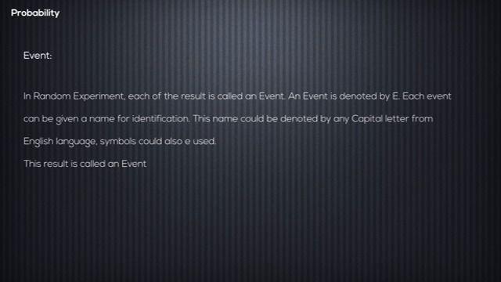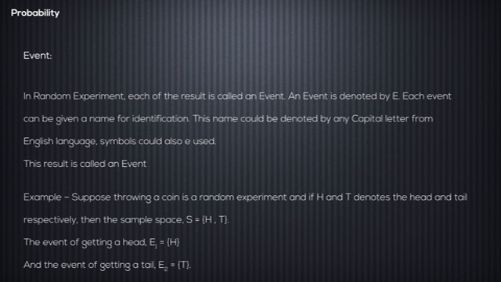It is denoted by the letter E or by any English alphabet letter like A, B, C, etc. Suppose throwing a coin is a random experiment, and if H and T denote the head and tail respectively, then sample space is given by S is equal to the set of H and T. The event of getting a head is given by E1, which is equal to H, and the event of getting a tail is given by E2, which is equal to T.